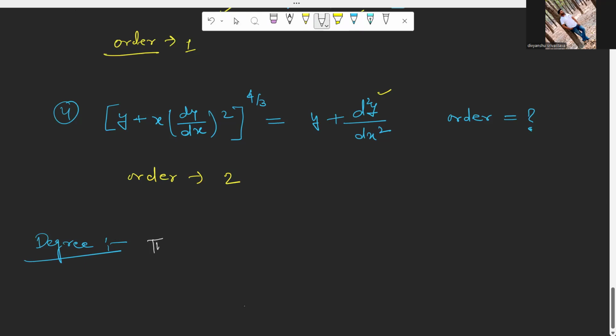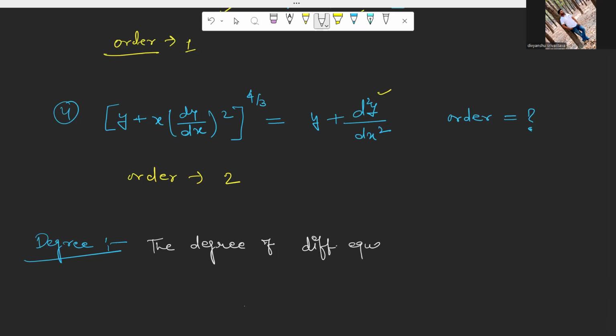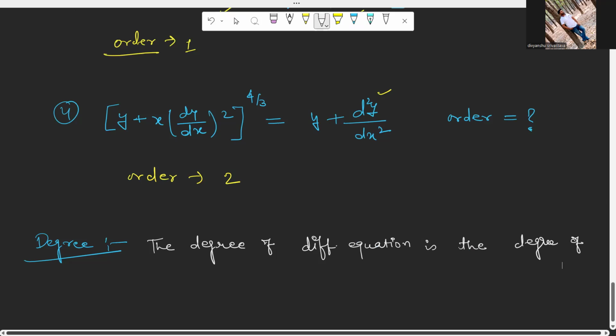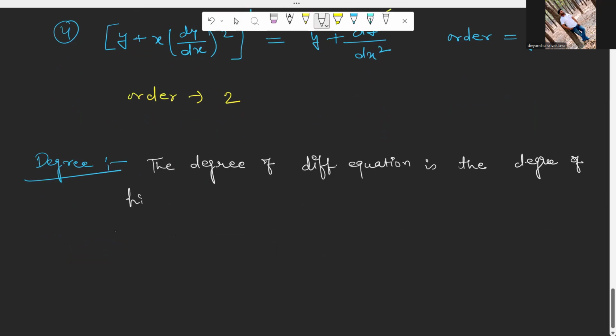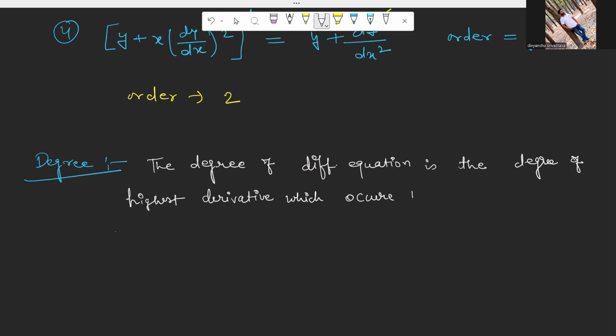So the degree of a differential equation is the degree of the highest derivative which occurs in it.